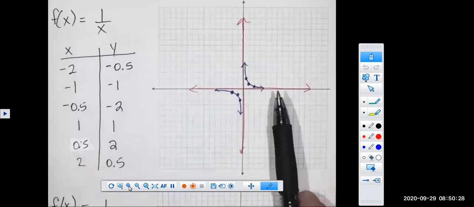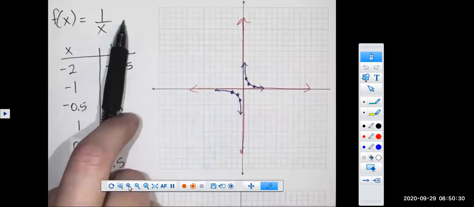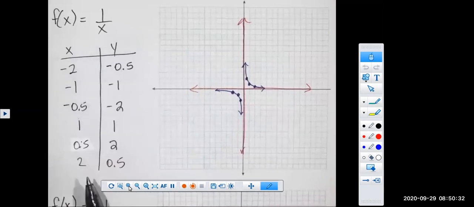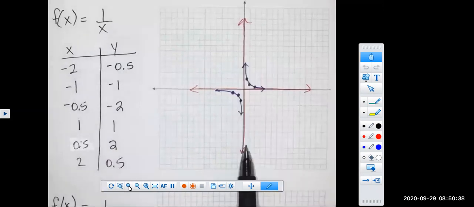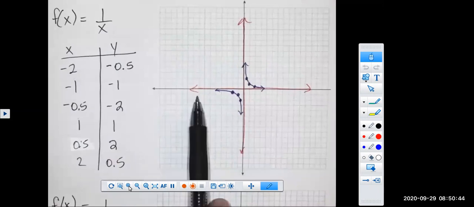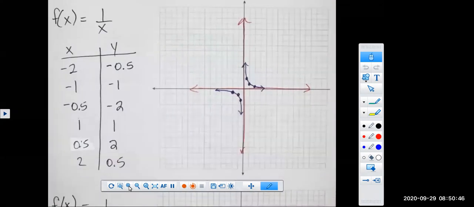Notice that, tell me what x cannot be from that equation. x can't be 0, so that's why you have a vertical asymptote at x equals 0, otherwise known as the y-axis. And you also have a horizontal asymptote at the x-axis, or y equals 0.